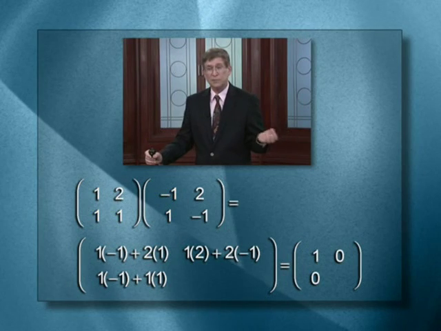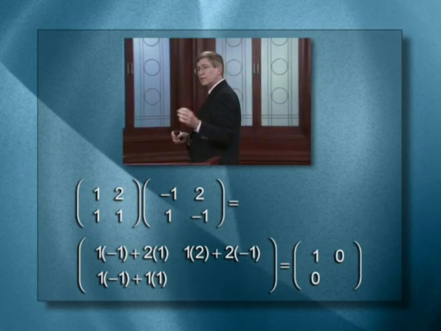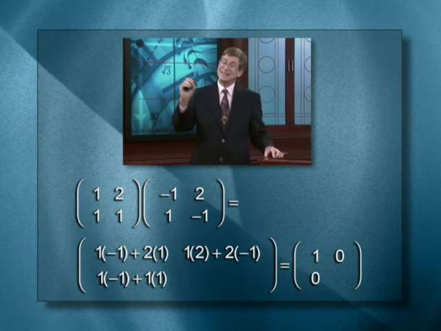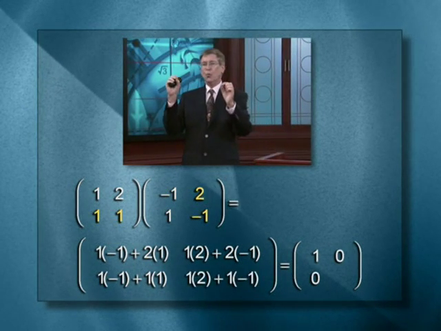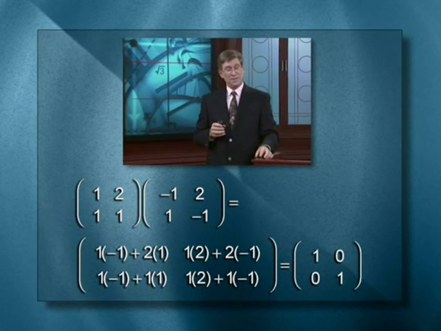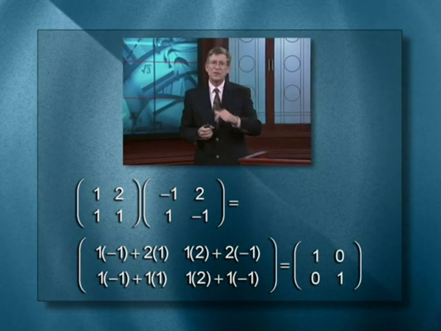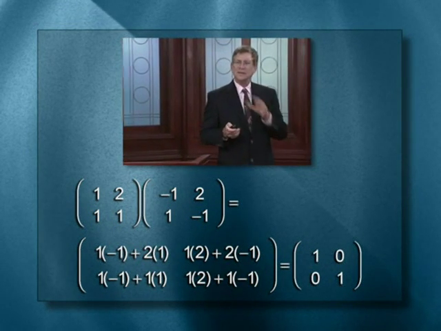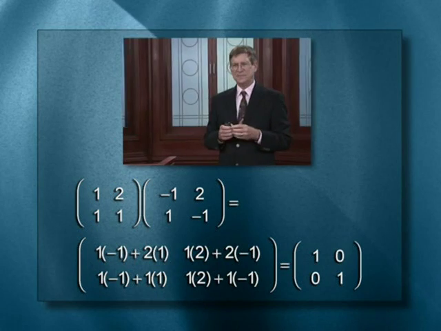That yields a 0. And finally, the entry in the second row, second column, is 1 times 2 plus 1 times minus 1, which is 1. Now that's an interesting matrix, 1, 0, 0, 1. We'll come back to that kind of matrix shortly.